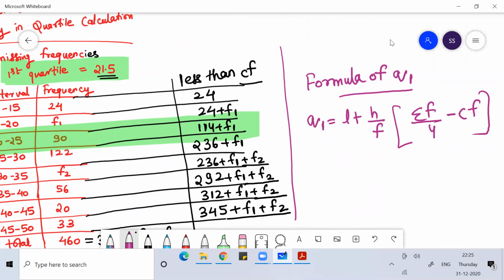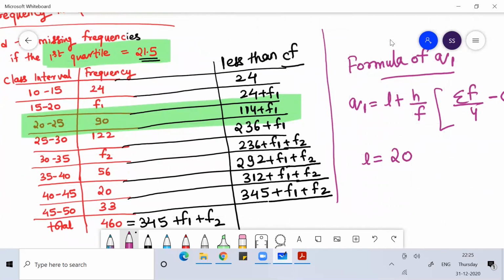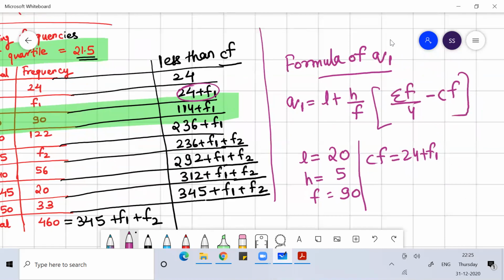This is the formula. In this formula, what is L? L is the lower limit of the selected class interval, that will be 20. H is the class width, so that is 5, 25 minus 20. What is the frequency for this class interval? That is 90. And what is CF? The cumulative frequency before it, that is 24 plus F1. So you got the CF, that is 24 plus F1.